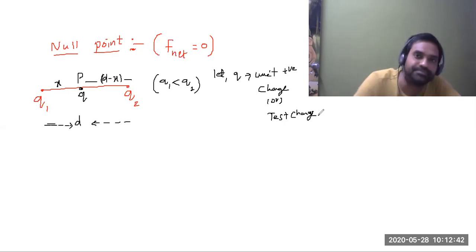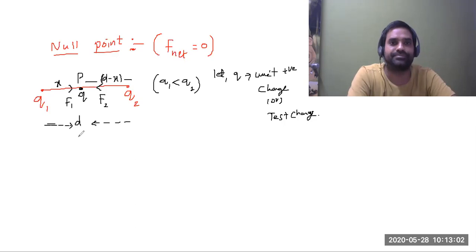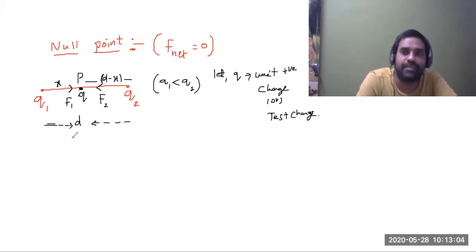Right, now you see. A unit positive charge is kept. Now the force exerted by Q1 on plus q will be away from it because it repels. Both are positive, it repels. So let it be F1. And similarly, the force exerted by Q2 on q is also a repulsive force, F2, because they are identical, same nature.